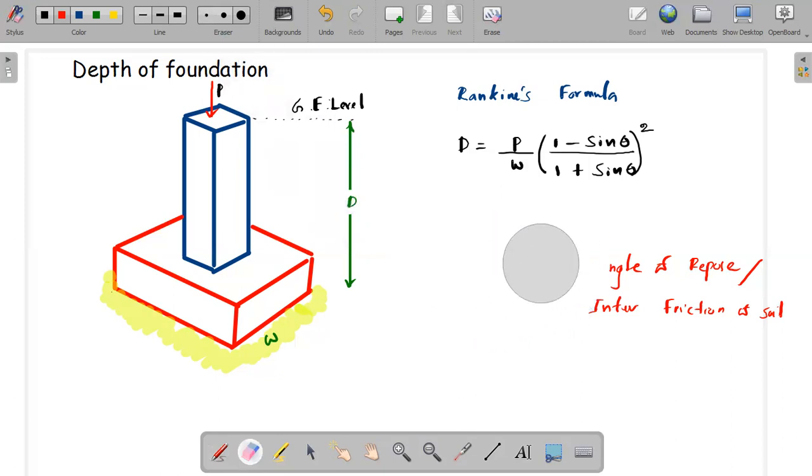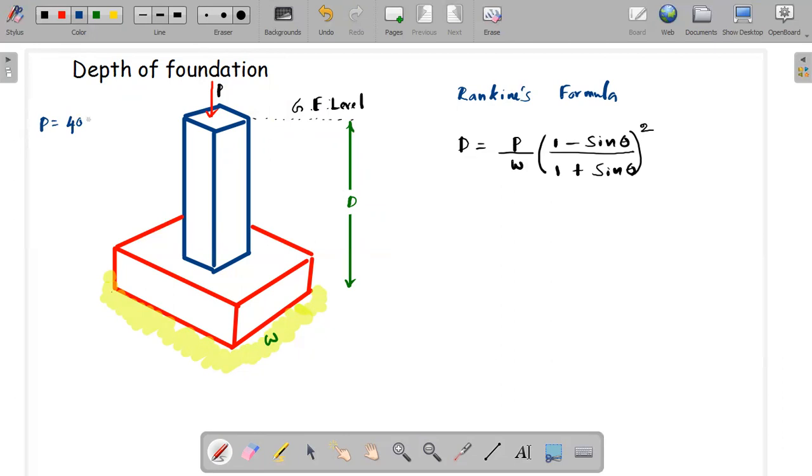Now let's find the depth of the footing. For the explanation, I will take P, the load, as 400 kilonewtons, and I will say the density as 18 kilonewtons per cubic meter, and the angle of repose theta is equal to, I will say, 30 degrees.